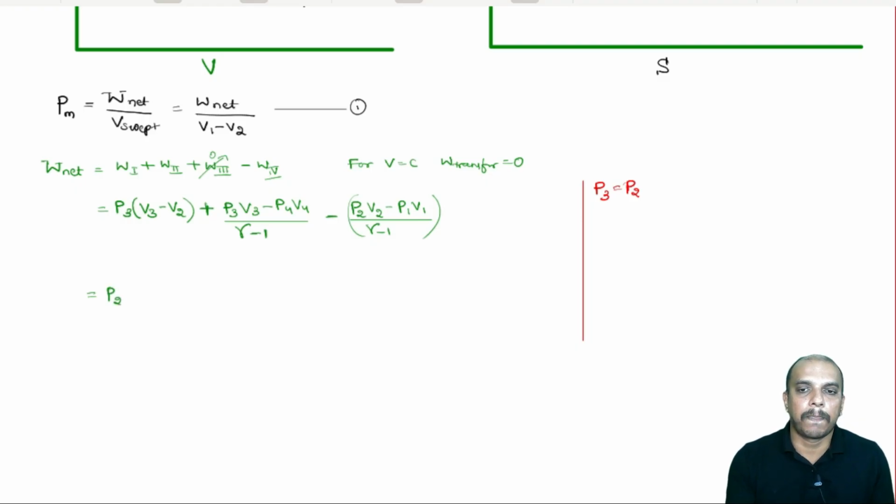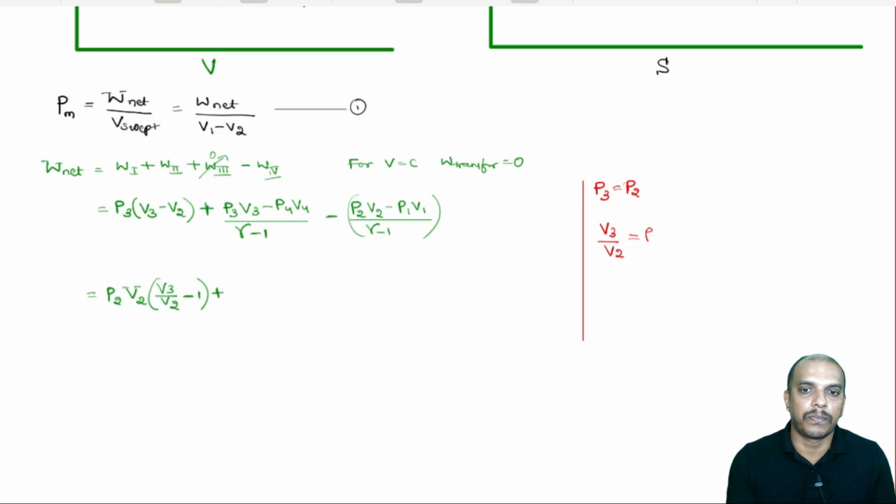I will take V2 common in the first term, so this will be V3 by V2 minus 1. Now, remember what V3 by V2 is? V3 by V2 is equal to the cutoff ratio rho. So, this will be rho in the next term.